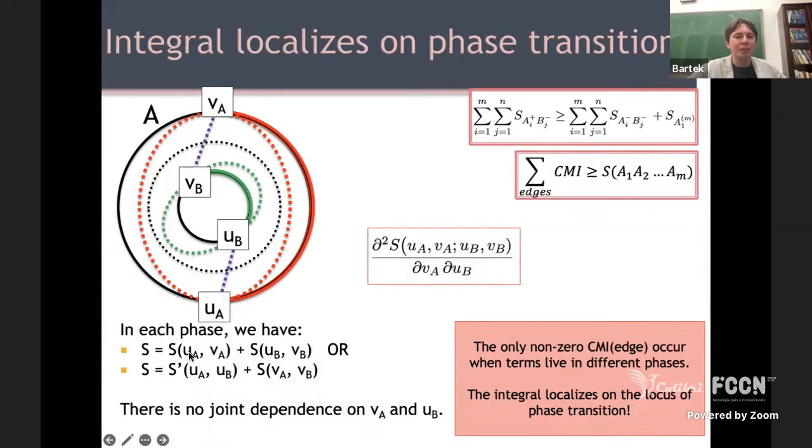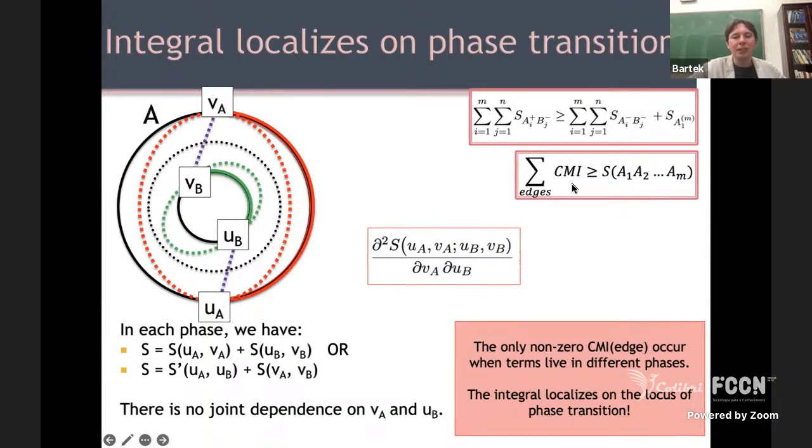That something depends on uA, vA and uB, vB. Or if I go the other way around, it also depends on uA, vA, uB, vB. Or possibly it depends on uA and uB and vA, vB together if I'm in this connected phase. But no matter what, I do not have a term that depends on vA and uB simultaneously.